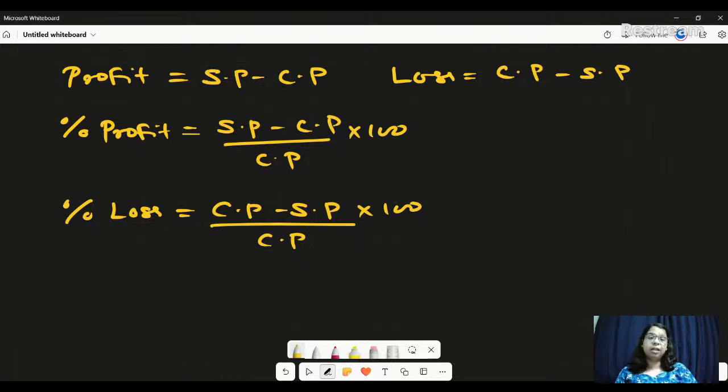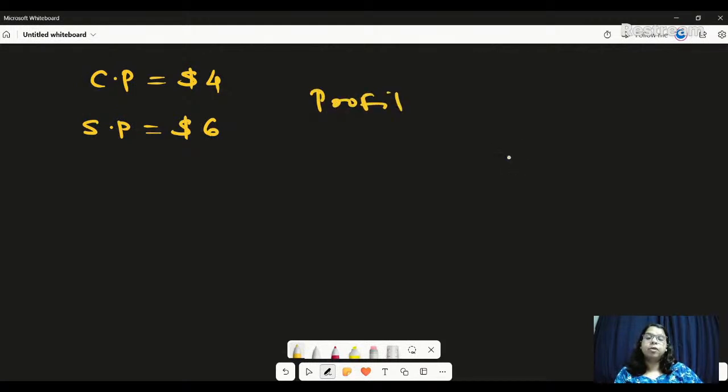So let's take a supermarket. Their cost price for a certain item is, let's say, $4, and their selling price is, let's say, $6. So now your profit is going to be equal to 6 minus 4, that is $2.